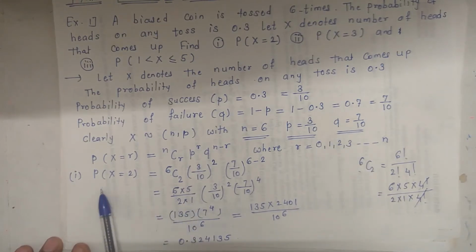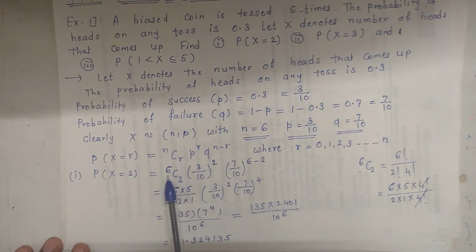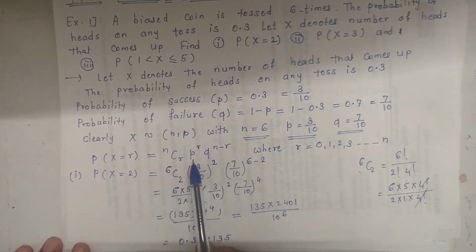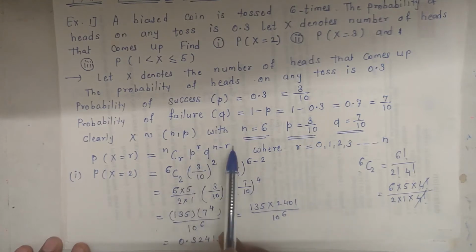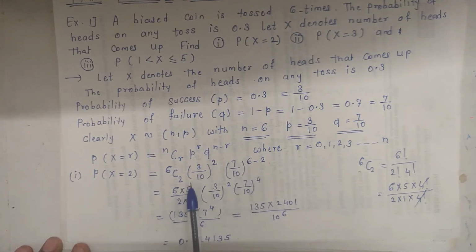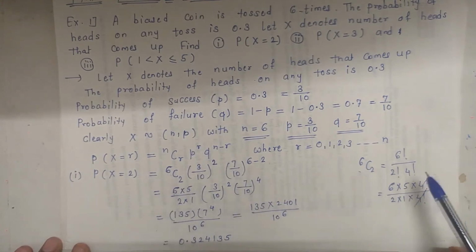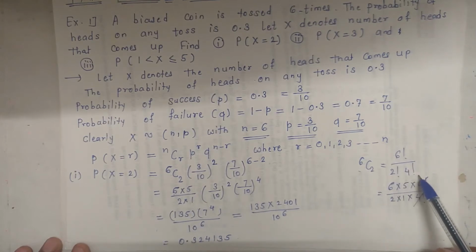we can find the probability for x is equal to 2. So the first probability for x is equal to 2 can be written as 6C2 into 3 by 10 raised to 2 into 7 by 10 raised to 6 minus 2, where n is equal to 6, r is equal to 2, and p is equal to 3 by 10. Now calculating this, 6C2 means 6 factorial upon 2 factorial into 4 factorial using the combination formula.